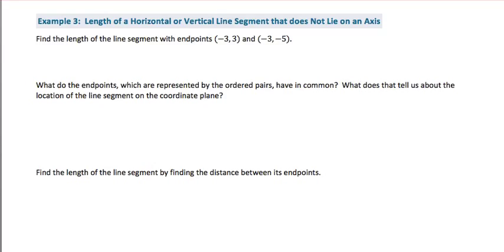So then in example 3, finding the length of a horizontal or vertical line segment that does not lie on an axis. If we have a line segment with endpoints (-3, 3) and (-3, -5), the ordered pairs both have -3 for their x-coordinates.